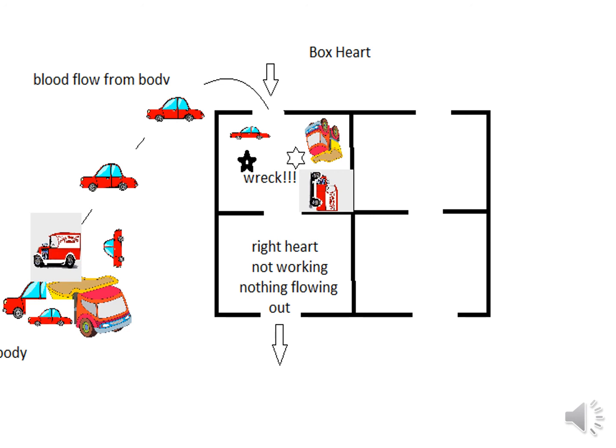So if there's a mess up on that right side of the heart, you're going to have fluid back up, and the hydrostatic pressure is going to get higher and higher until it pushes that fluid out into the tissue. And we'll talk about that again more as we go along, and especially when we talk about heart failures.